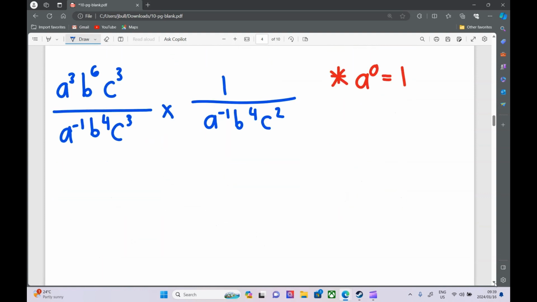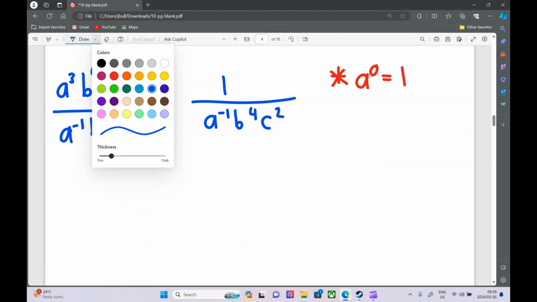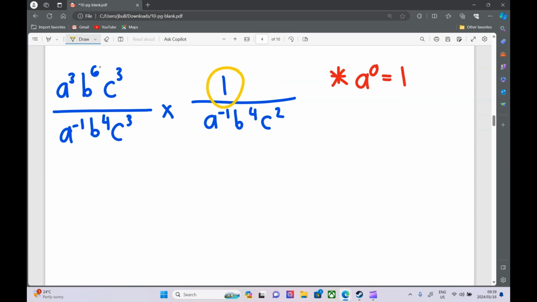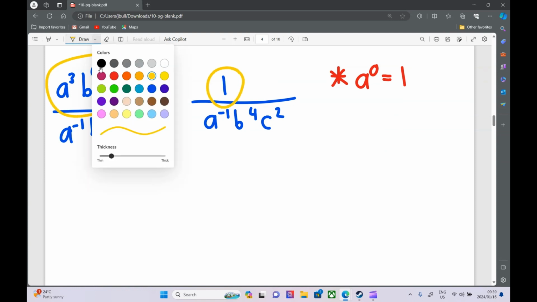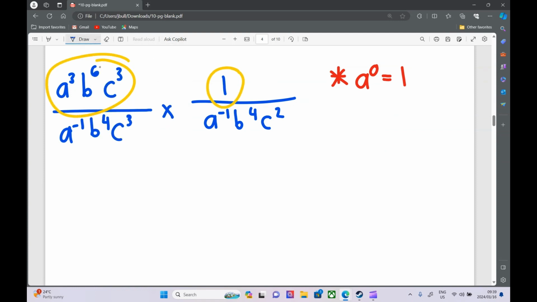Okay, then we are going to use some of the other laws. Well, let's multiply this out first, see what we get. So at the top, if I go the top times the top, okay, let's just circle this. So we're going to go 1 times that. I am obviously just going to get that. So a^3, b^6, c^3. At the bottom now, we are going to use the laws. So we're going to go a^-1.